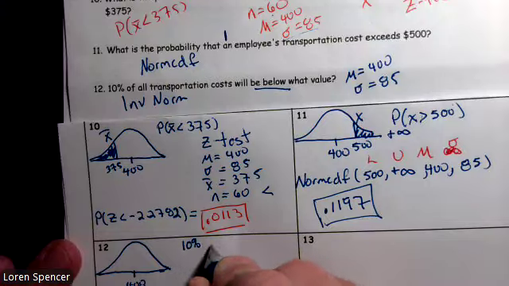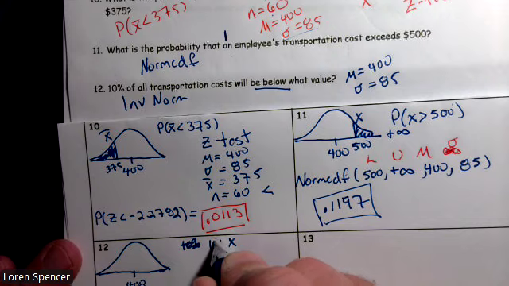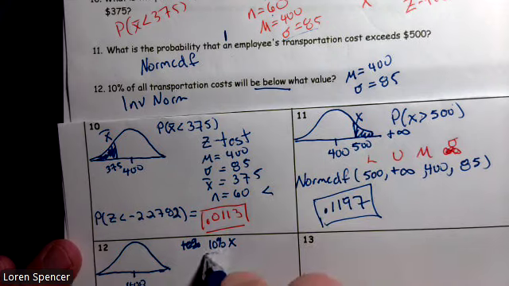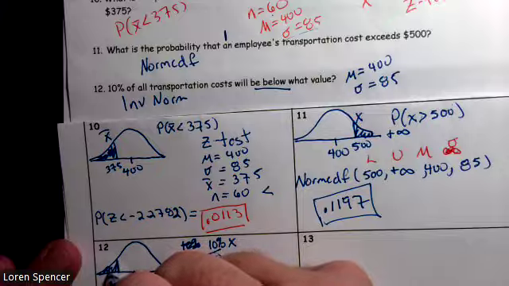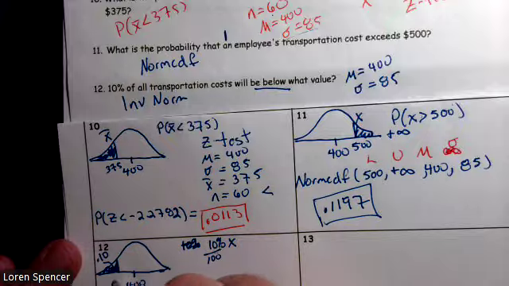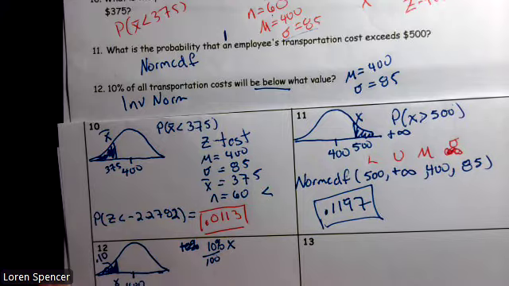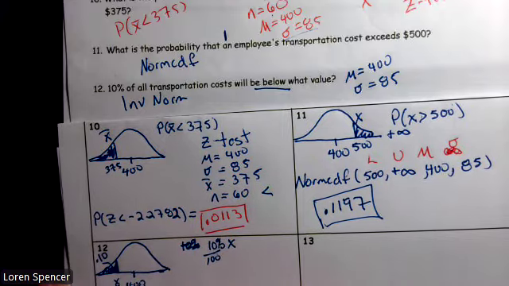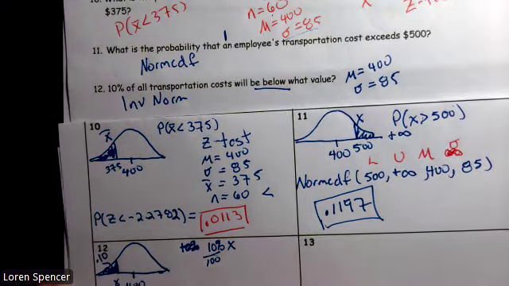I should have started with the X. So X, and the 10% they tell me is below it. Now, please don't forget, divide that by 100. When I do that, I'm finding that I'm looking for this area right here, 0.10, and I'm looking for an X. So inverse norm. And don't forget, we're looking for PMS. Our probability is 0.10.